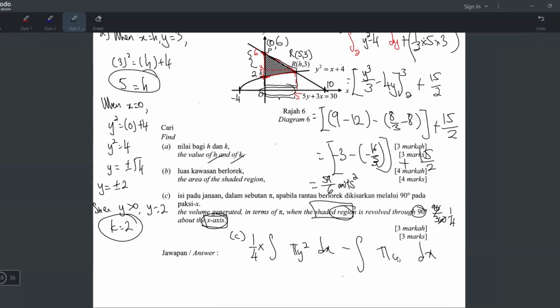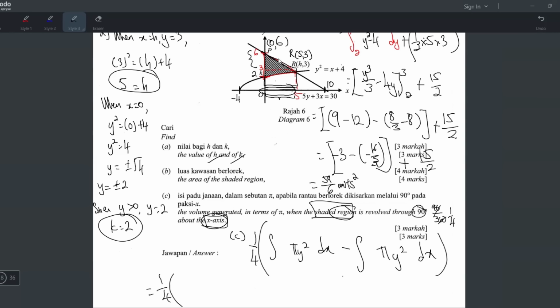And here also pi y square. Okay, let's use a big bracket, with the 1 over 4 outside. Maybe I'll write like that with a big bracket. So 1 over 4 times, you're using the x-axis, so you take straight line minus curve.